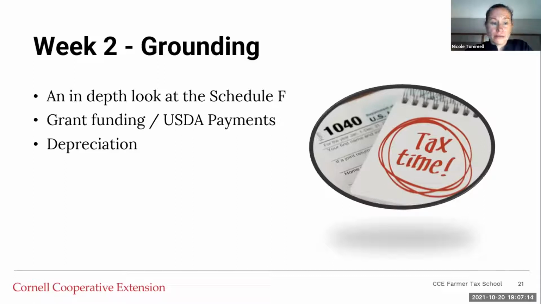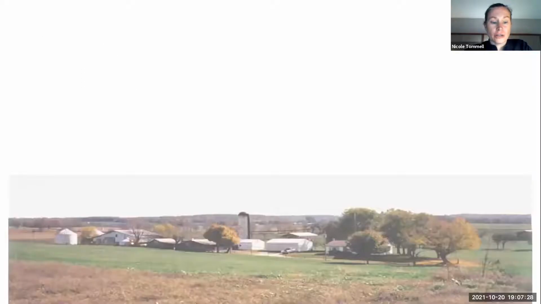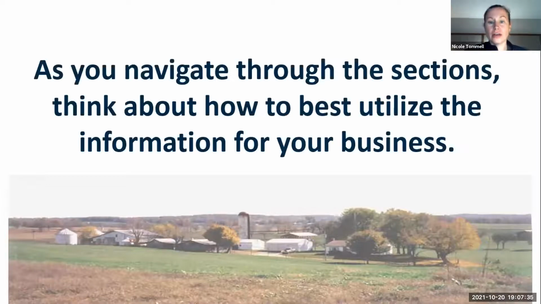We're going to talk about depreciation, and Dayton, I believe, will be talking about that this evening and how that is added back to your overall income. We're going to talk about some different transactions, and then we are going to finally talk about putting it all together. So what does that look like on your Schedule F?